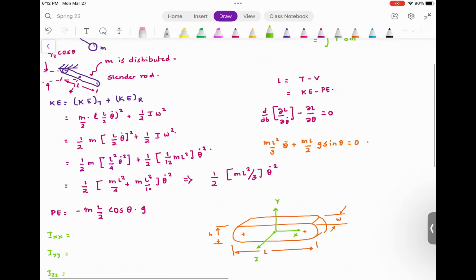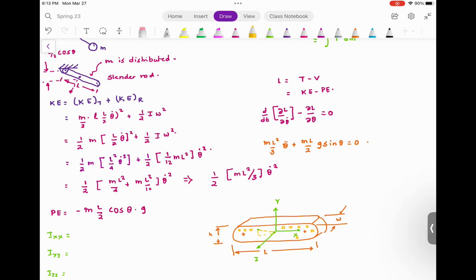What that means is, if you have a mass over here, I want to find out the radius at which this mass is, and then integrate it for all the teeny tiny masses on this rigid body. So think about that. You have this rigid body. This rigid body has these teeny tiny masses, and I am finding out the mass moment of inertia of each individual teeny tiny mass, and I'm integrating this over the entire body.